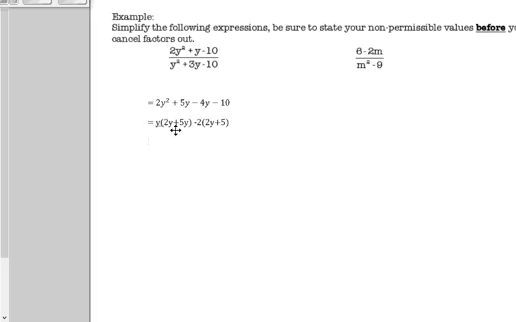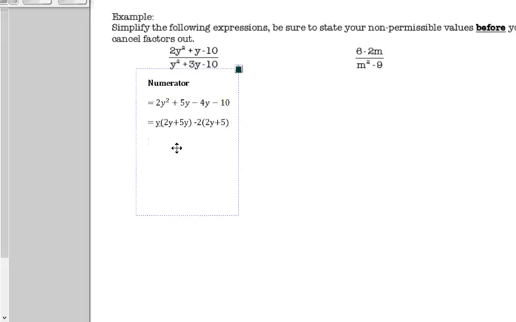Sorry, this should just be 2y plus 5, not 2y plus 5y. What we hope is that over here we end up with 2y plus 5 as well. So from here we can factor out a negative 2, and that does leave us with 2y plus 5. So that was the numerator.